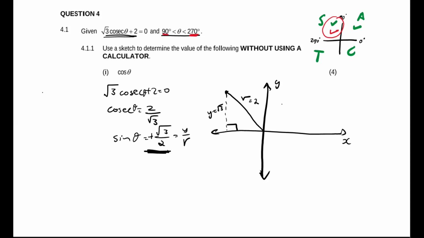Then you can find x. R squared is equal to x squared plus y squared. Pythagoras, of course. You need to mention that it's Pythagoras. Then you have 4 equals x squared plus 3. I've already squared them: the square of 2 is 4, the square of root 3 is 3. So you have 1 equals x squared.